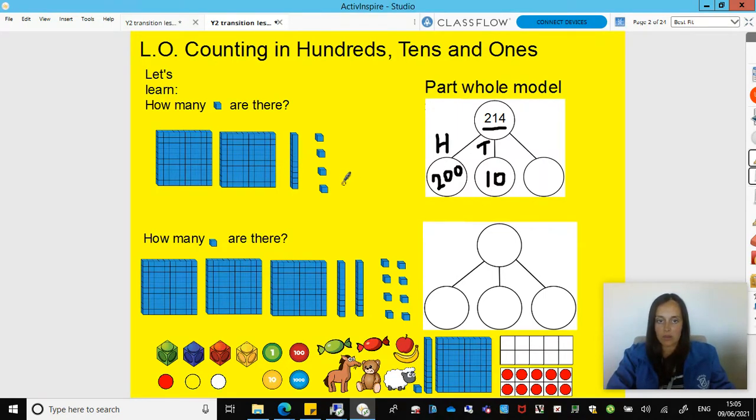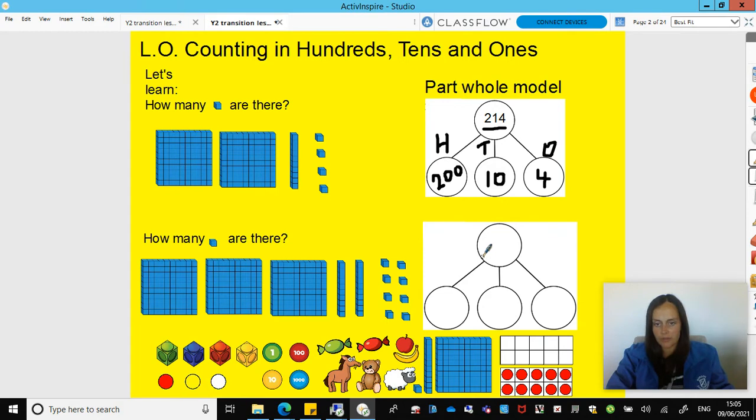And how many ones have we got? 1, 2, 3, 4. This can be our ones column. So all together, we've got 214. 2 hundreds, 1 ten, and 4 ones. 214. Okay?